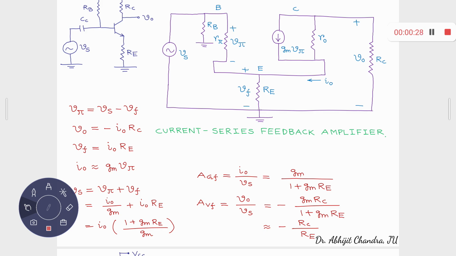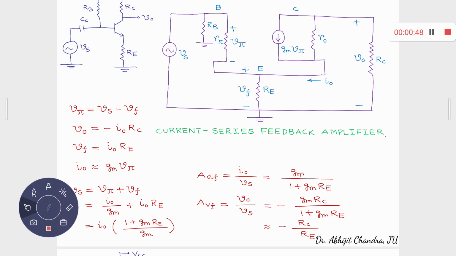Right. We have discussed the block diagram representation of all these four types of feedback amplifiers: current series, voltage shunt, voltage series and current shunt. But as far as the BJT based implementation is concerned, we have only discussed the current series feedback amplifier and the voltage shunt.